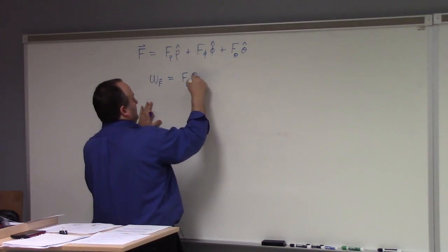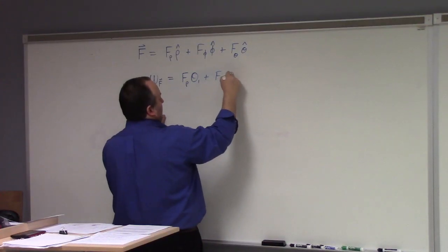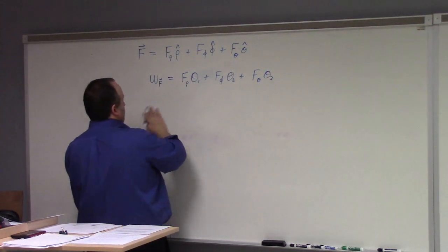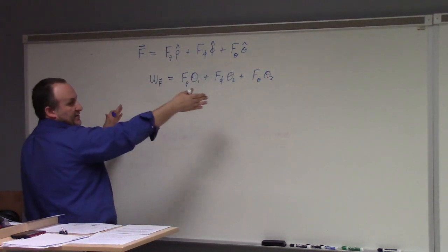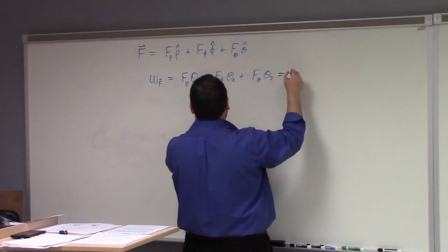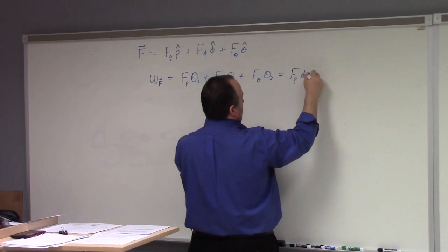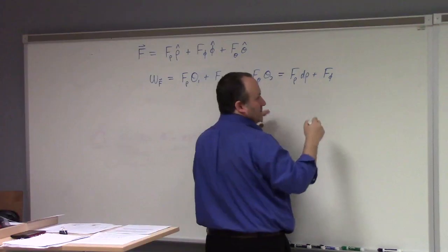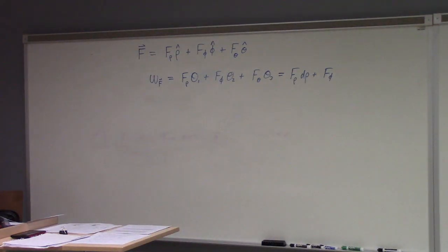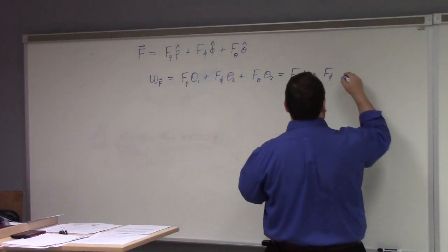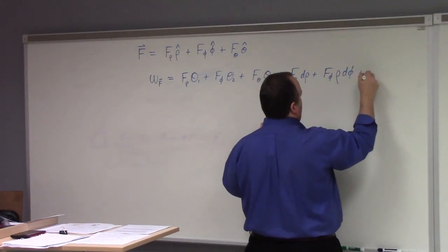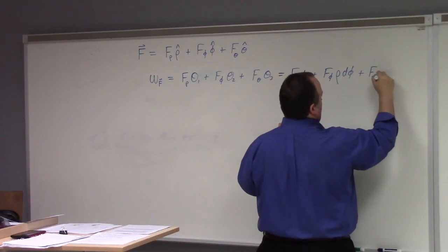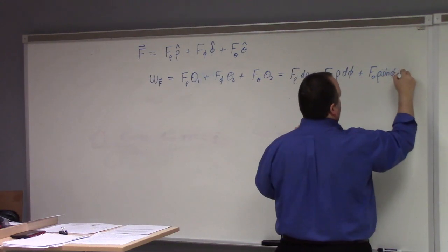It would be F rho theta 1, plus F phi theta 2, plus F theta theta 3. But we just figured those out, so we put those in, and the form which corresponds is F rho d rho plus F phi rho d phi, and then plus F theta rho sine phi d theta.